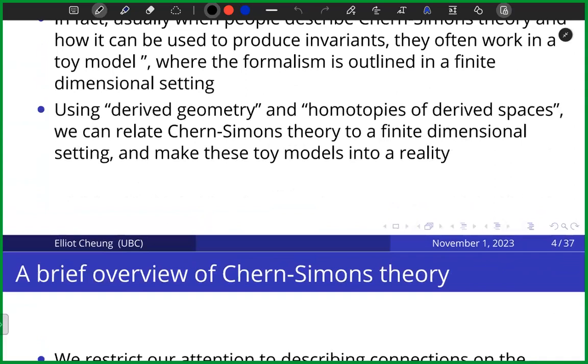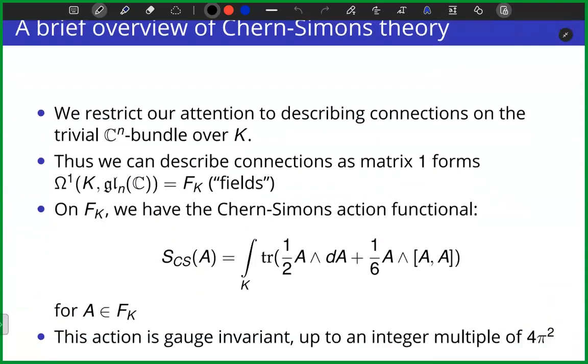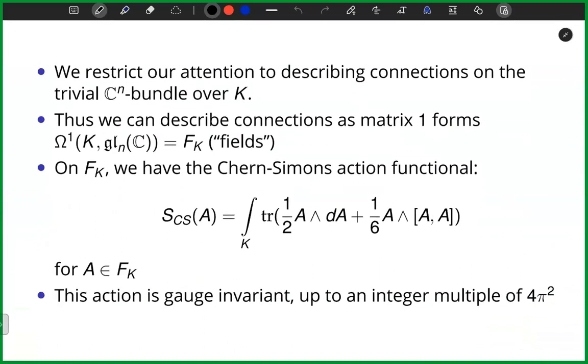So now let me give an overview of Chern-Simons theory. We restrict our attention to describing connections on the trivial bundle over K. Since we're looking at connections on the trivial bundle, we can describe these as matrix one forms, just one forms valued in n by n matrices. Gauge theory people will call these fields.